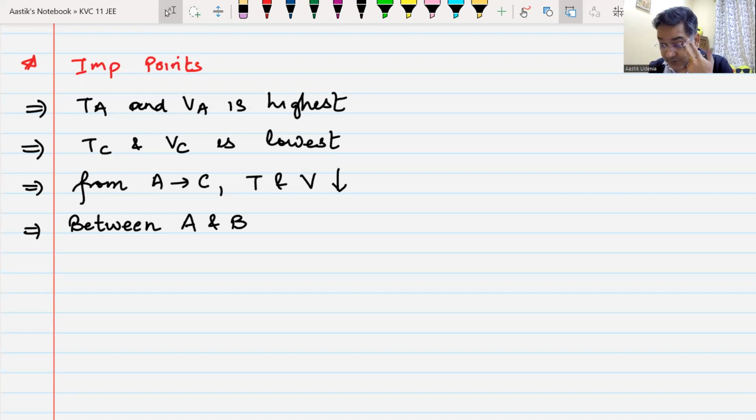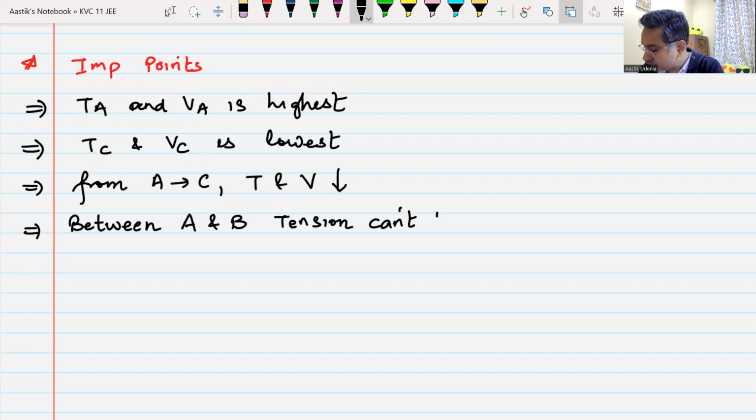Can the string become slack between point A and B? Between point A and B, tension cannot become zero. Do we understand this? Tension cannot be zero, but velocity can be zero.